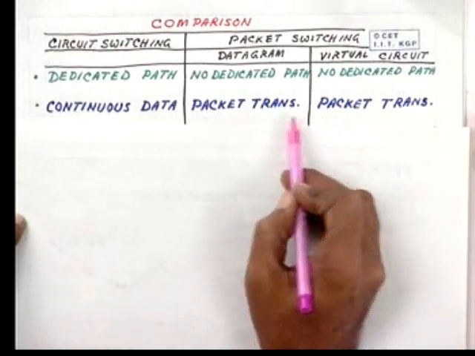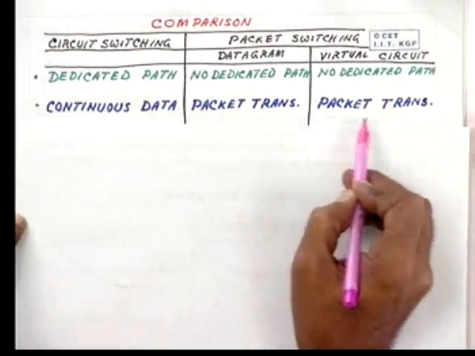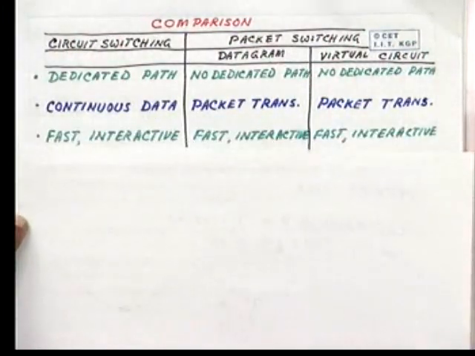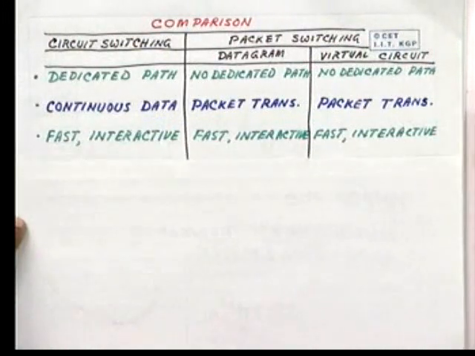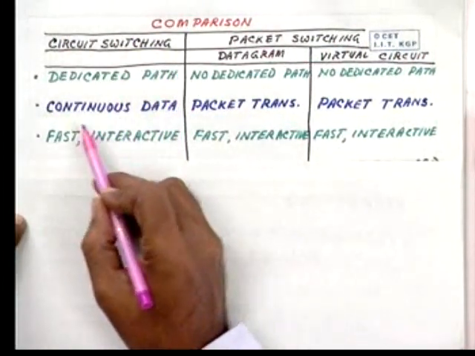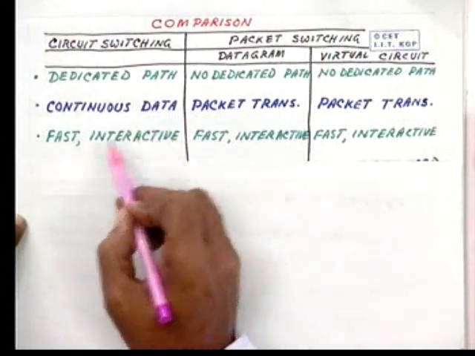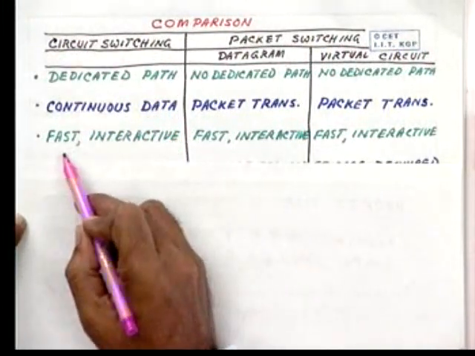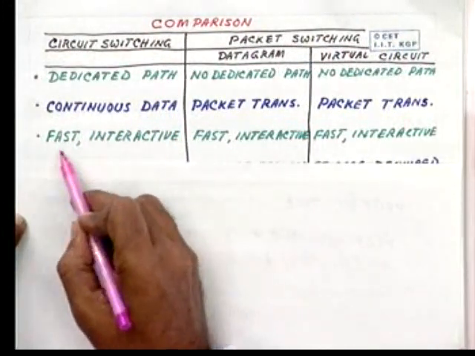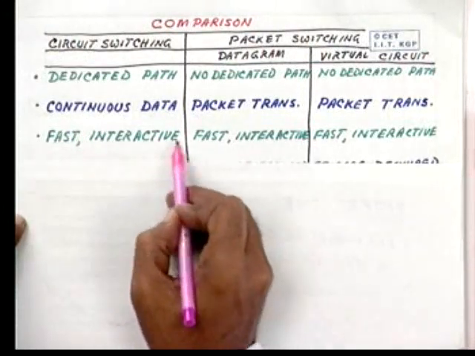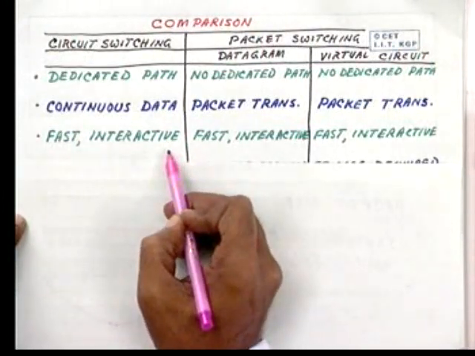There is some node delay and you are sending in terms of packets. Since there is no delay in circuit switching, data transmission is fast, and you can use it for interactive applications.